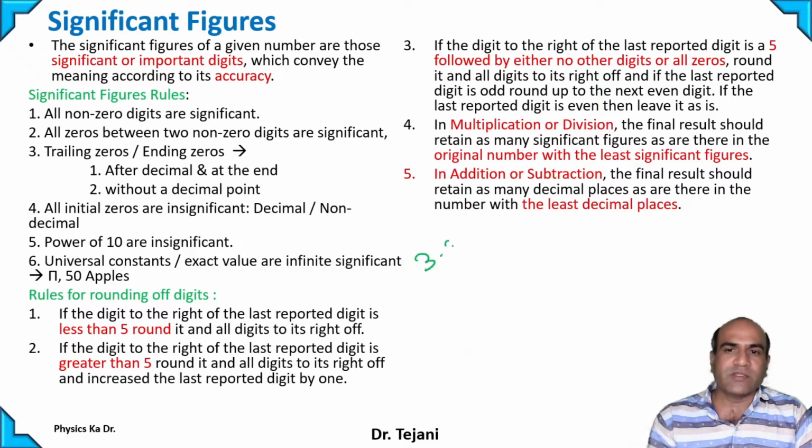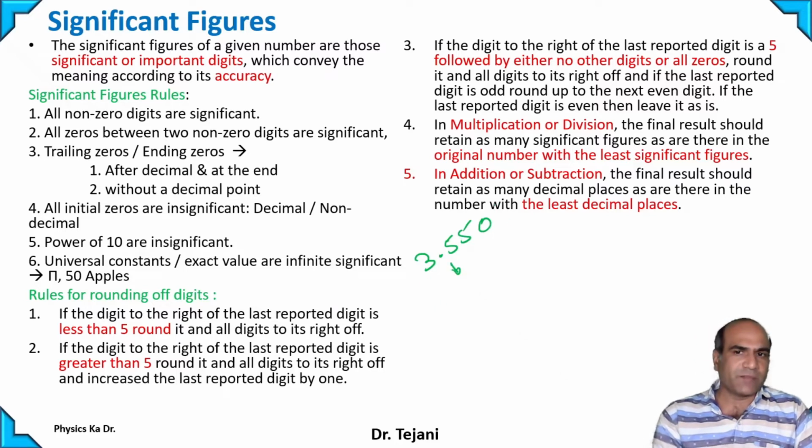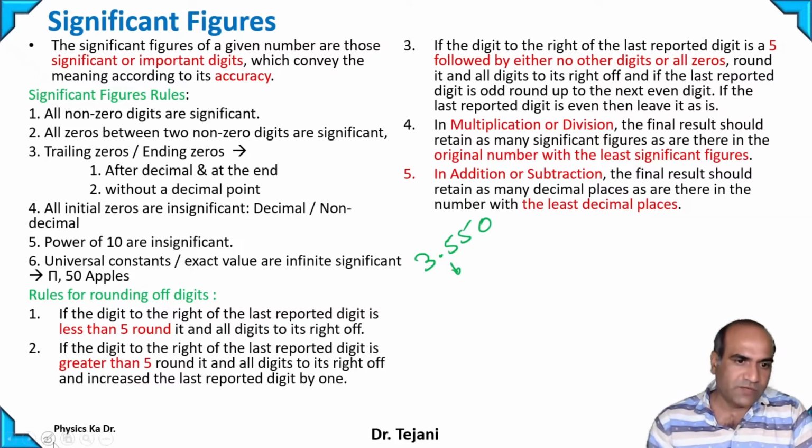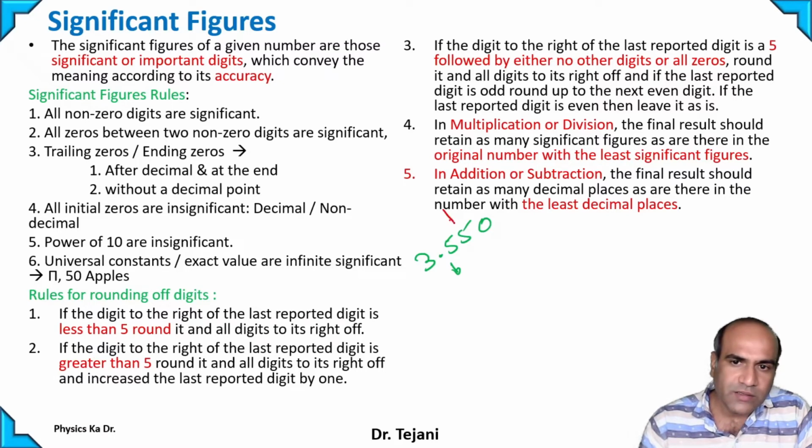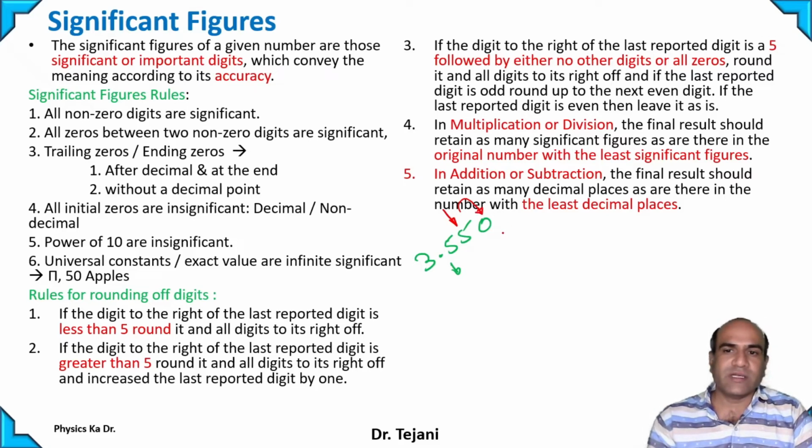But if it is only 3.55, you just convert this into 3 significant digits. There is nothing after it, only 0. So here, after the significant digit, we need to check the next number, and if it is an odd number, then this 5 becomes 6. But here it is an even number, so 5 remains 5.